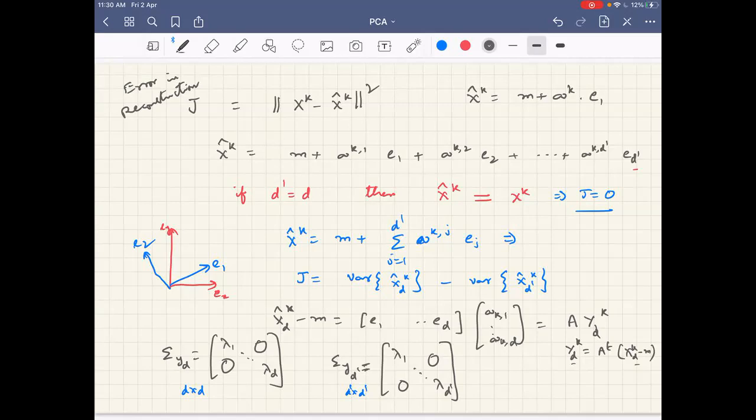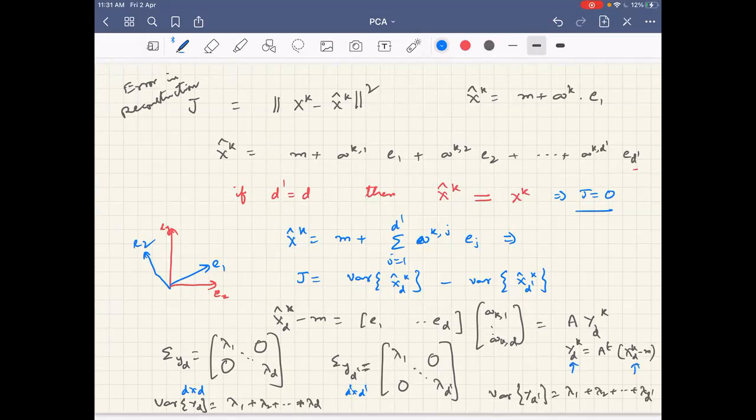And the essential variance here, the variance in yd, can be quantified as the sum of all diagonal elements, that is lambda 1 plus lambda 2 up to lambda d. Here, the variance of yd dash is equal to lambda 1 plus lambda 2 up to lambda d dash.